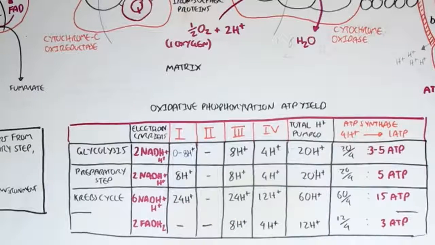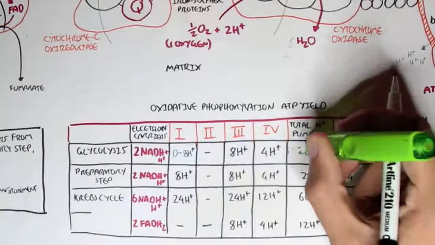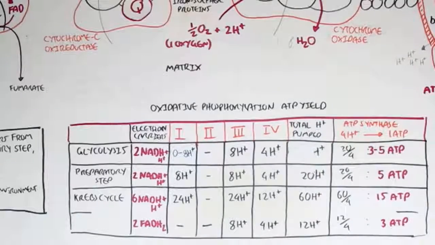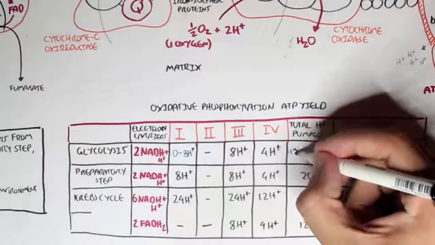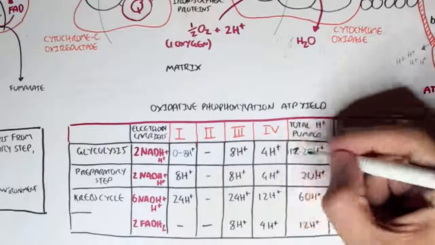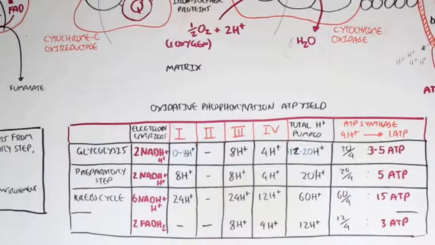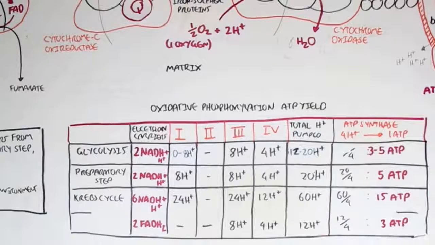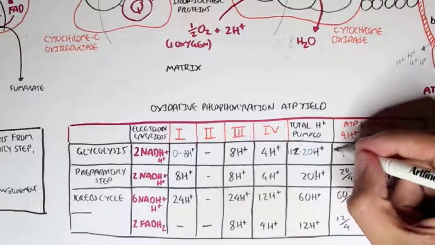And so therefore, the amount of hydrogen ions pumped from complex 1 can vary from 0, 4 to 8 hydrogen ions. So the total amount of hydrogen ions pumped will technically be between 12 and 20 hydrogen ions. So the amount of ATP produced can vary from 3 to 5 ATP for 2 NADHs from glycolysis.